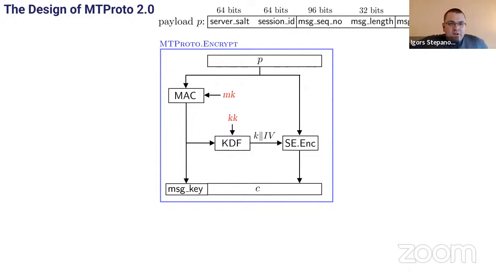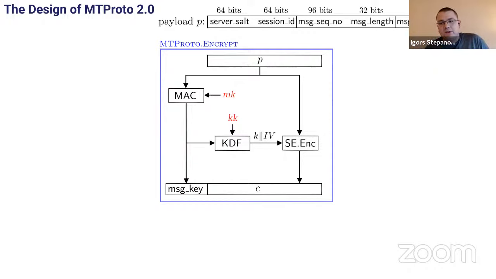The payload starts with two 128-bit blocks of metadata, followed by an arbitrary number of blocks containing the actual body of the message, and then some random padding from 12 to 1,000 bytes. In the first block, you get server salt and session ID. Those are random 64-bit values. The server salt is changed by the server roughly once per hour.